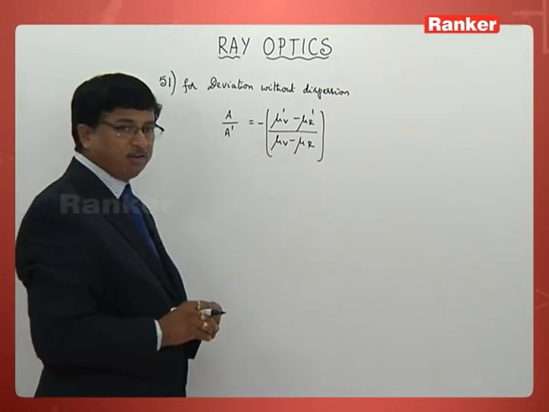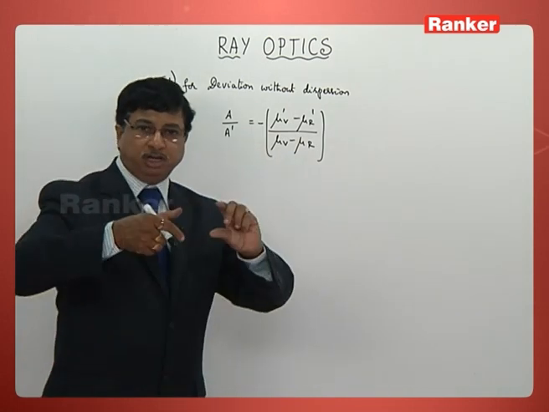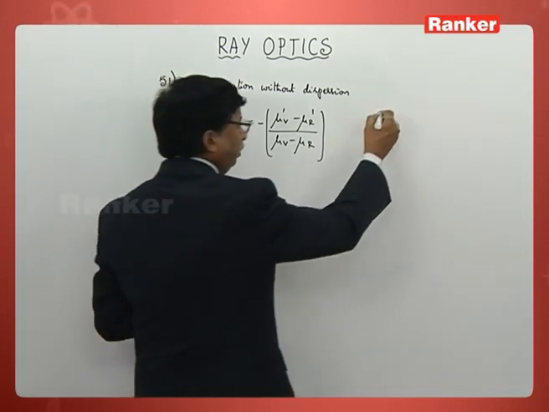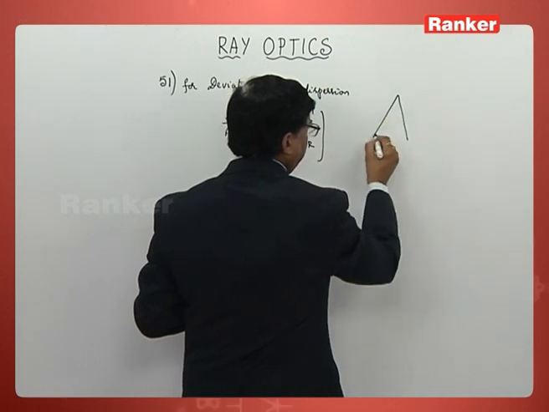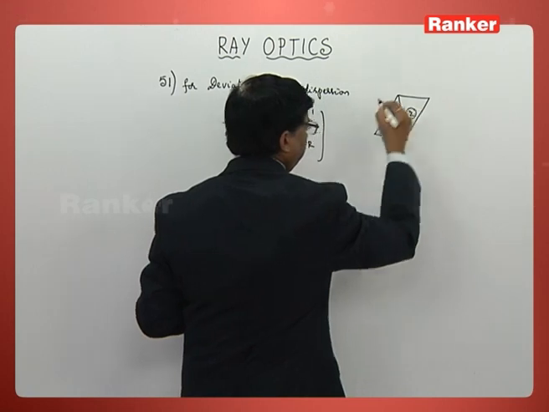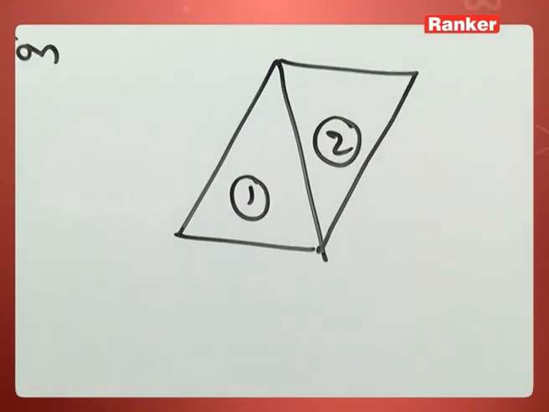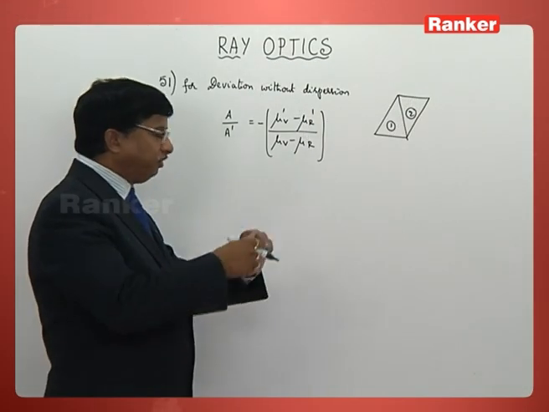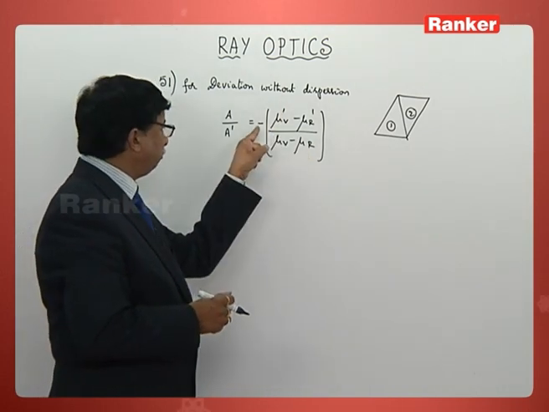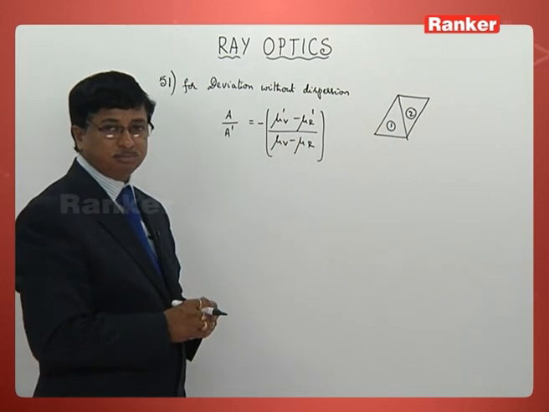The negative sign indicates that both prisms are to be attached in the reverse order. Meaning, if one prism is taken this way, the second prism is supposed to be attached this way, one reversely attached to the other. That condition is given by this negative sign.